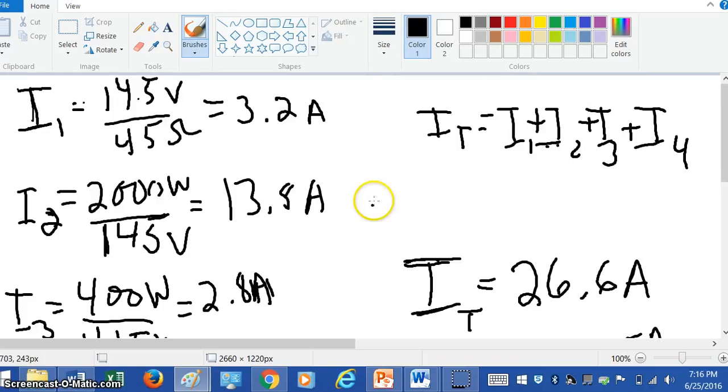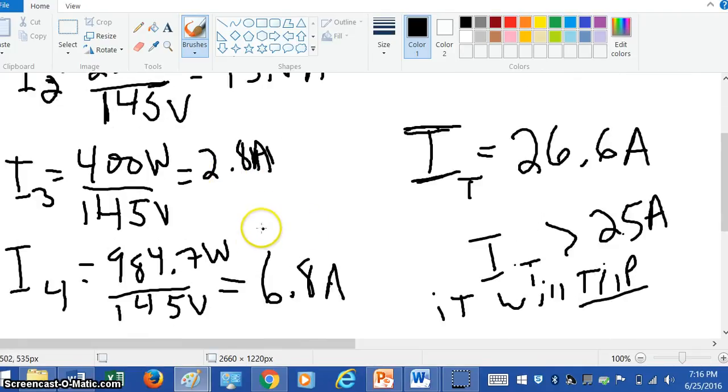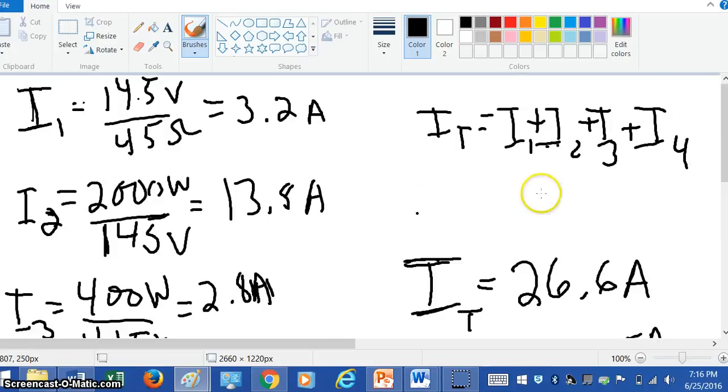All right, I've done the calculation for each of these. The first device is drawing 3.2 amps. The second device, make sure you do this calculation too, is drawing approximately 13.8 amps. The third device, the light bulbs, are drawing collectively 2.8 amps, and the last one is drawing 6.8 amps. So the question is, does this exceed 25 amps?